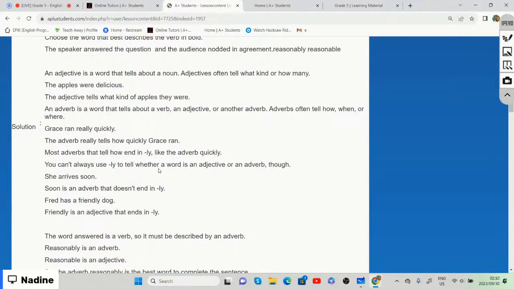The adverb tells us how quickly Grace ran. Most of the adverbs that tell us how end in ly, like quickly, hurriedly, sadly.